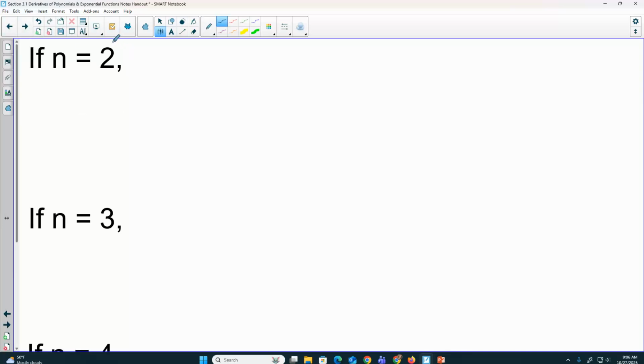Okay? If my exponent is 2, then let's work it out. That's like saying my function is x squared. So if I were doing the limit as h approaches 0, f of x plus h minus f of x all over h.